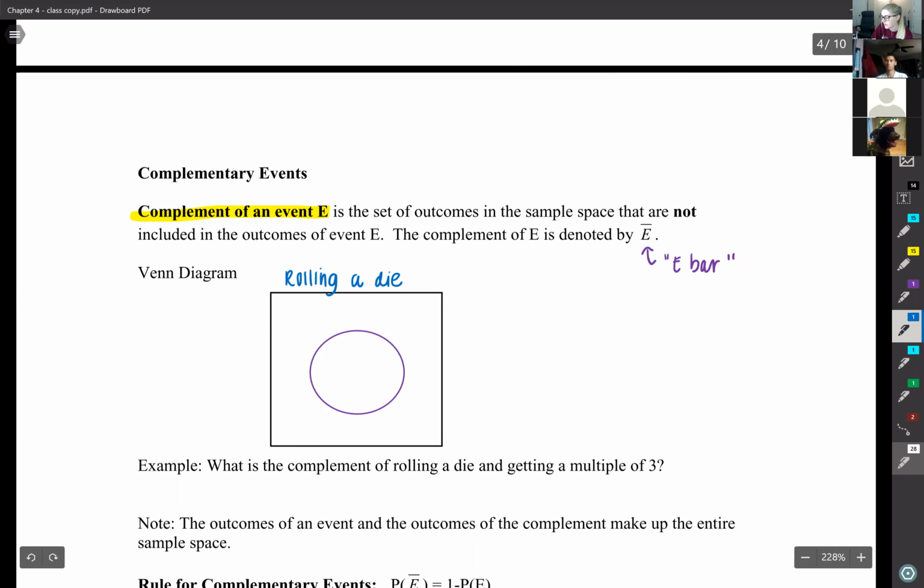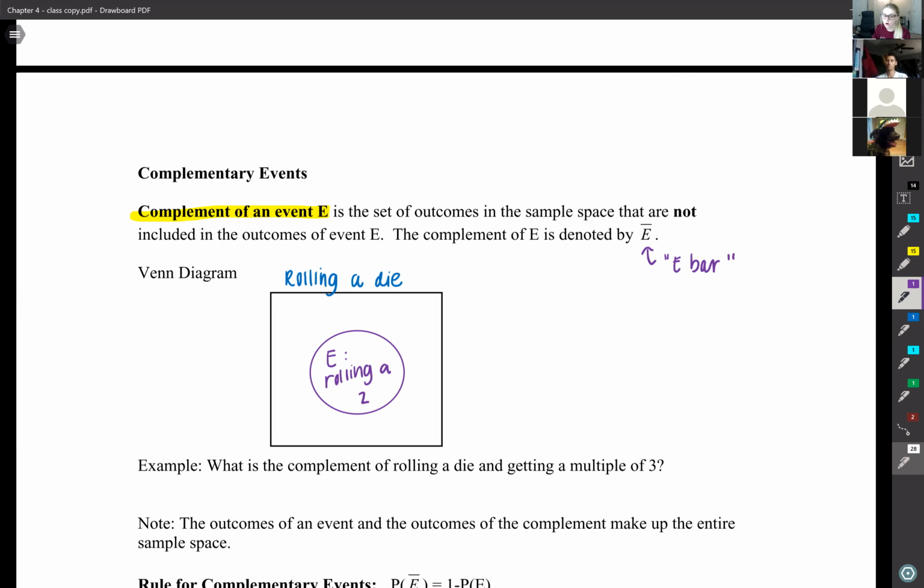You're going to be sick of me saying rolling a die after today. Let's say my event E is rolling a 2. So this event here, which is just this circle, E is rolling a 2. So that's the event I care about.